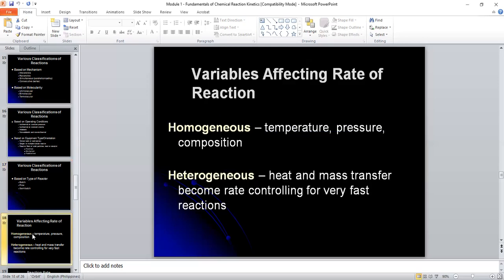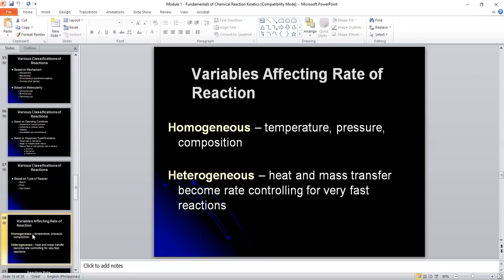Now, as to variables that affect reaction rates, you know this from your Chem 1, that when a reaction is homogeneous, it's always temperature, pressure, and composition that we look into. This is in the case of most liquid reactions and gaseous reactions because they are homogeneous. So we look into the effect of temperature, pressure, and composition on the yield of the product or on the consumption of the reactants.